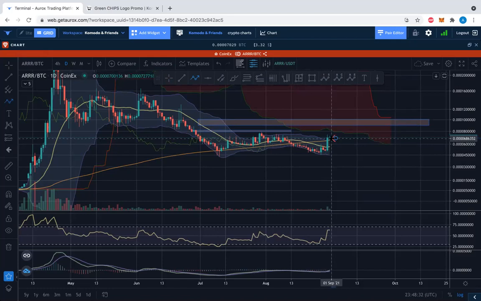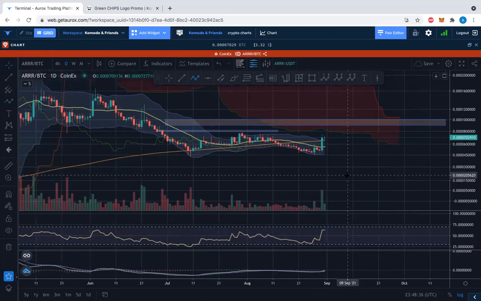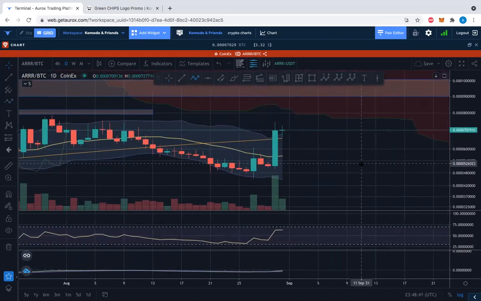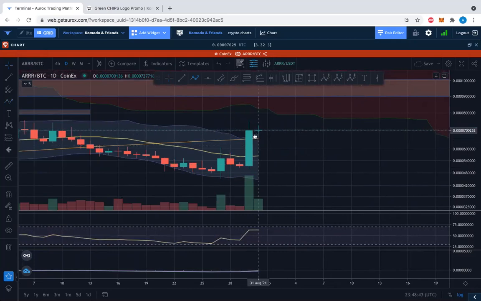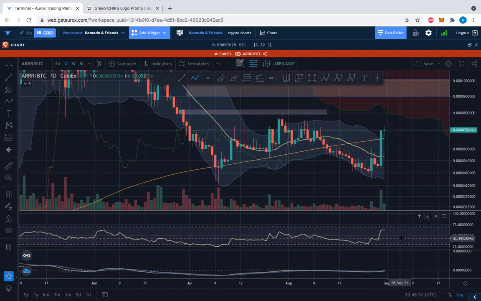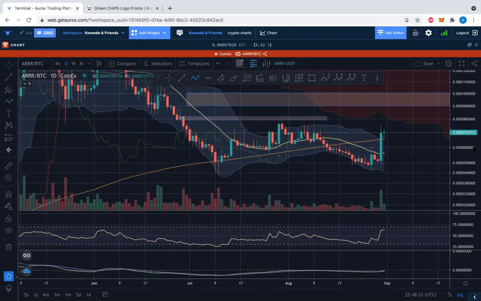Pause candle is what we're seeing here. So I'm going to just zoom into that. However, we are at the upper end, breaking out of the Bollinger Band, so might need to stick around here a bit first before going further. And there's room to go. There's definitely room to go.